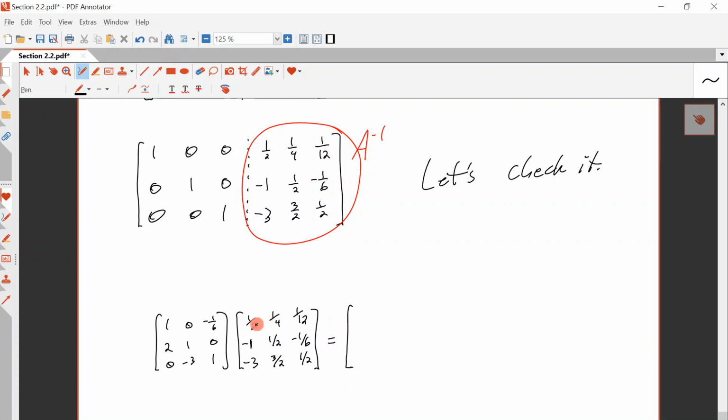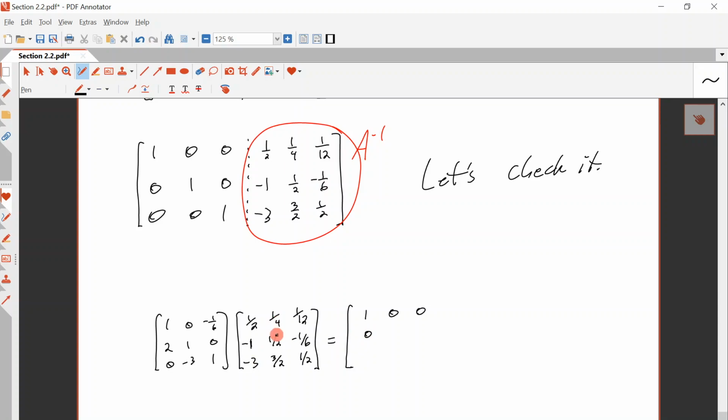Okay, first row, first column. A half plus 0 plus a half is 1, right? Next, a quarter plus 0 minus 3/12, which is a quarter. That's 0. 1/12 plus 0 minus 1/12, 0. Second row, 1 minus 1 plus 0, 0.